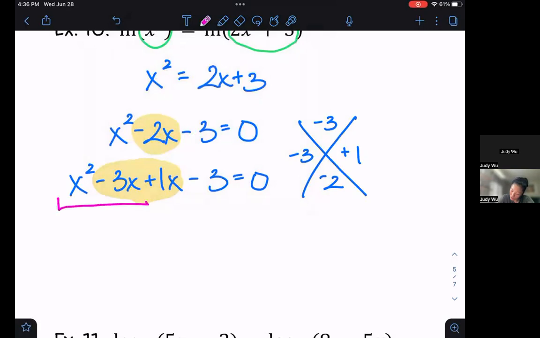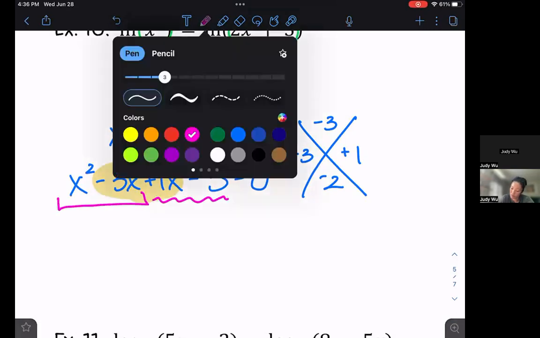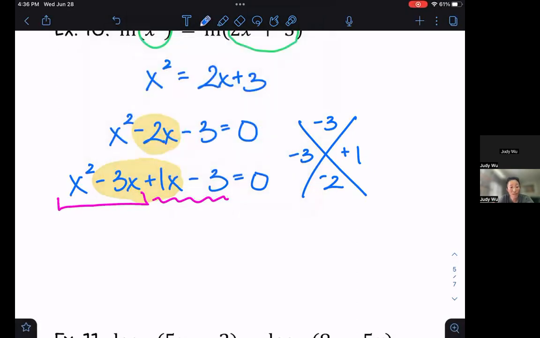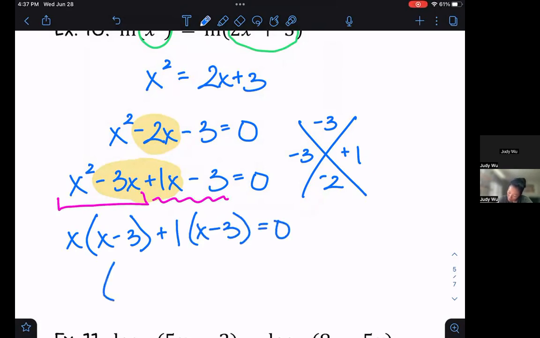That allows me to clump the first 2 terms and the second 2 terms, and then look for the greatest common factor in each one. x times x minus 3 plus 1 times x minus 3, which is x plus 1 times x minus 3 equals 0.